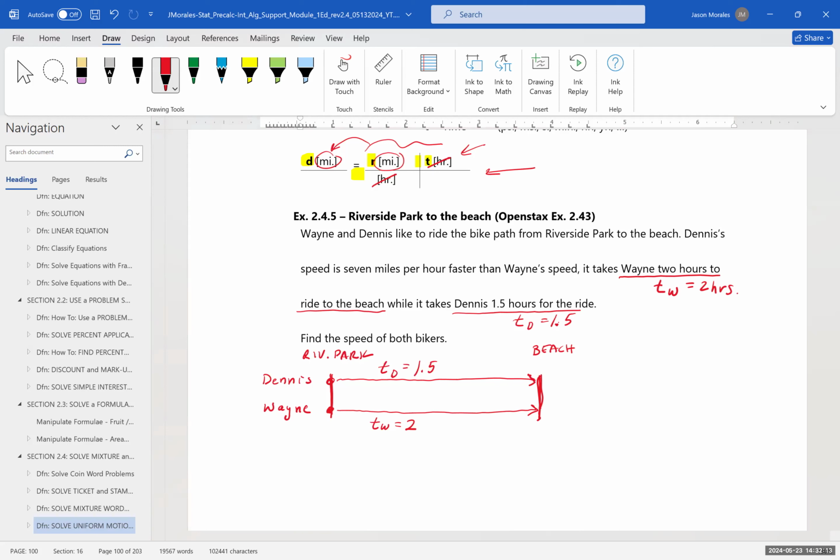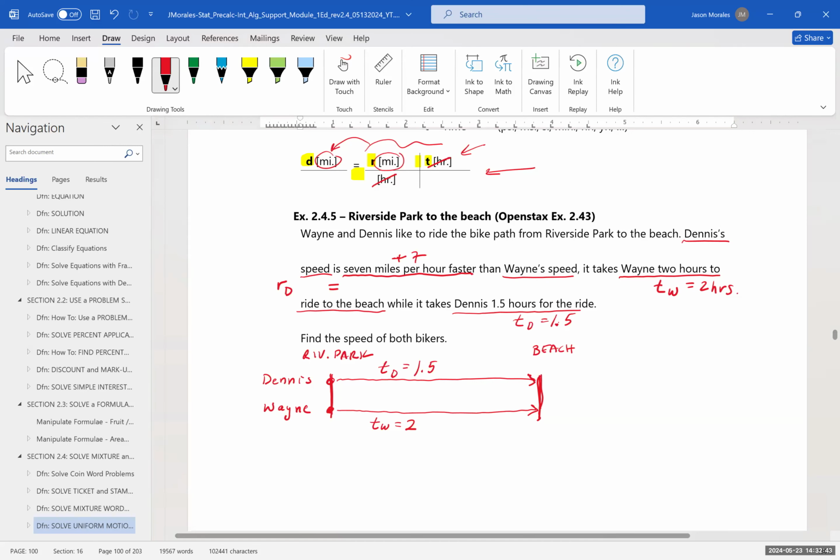All right, let's see what else we've got. Dennis's speed, that's going to be the rate of Dennis, and that's equal to 7 miles per hour faster, which is another way of saying plus 7, than Wayne's speed.